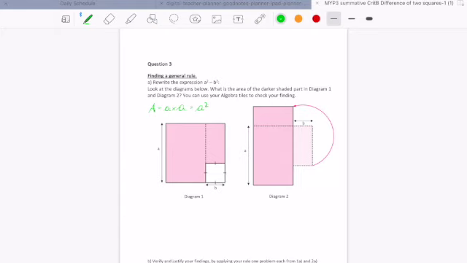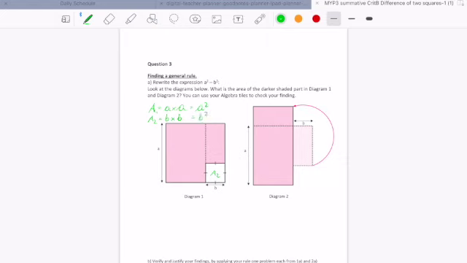And I'm going to call this here A2 because from the whole square, we now need to take away that tiny little square here. This little square has a side length of B. So the area of this A2 is B times B, being the same as B squared.